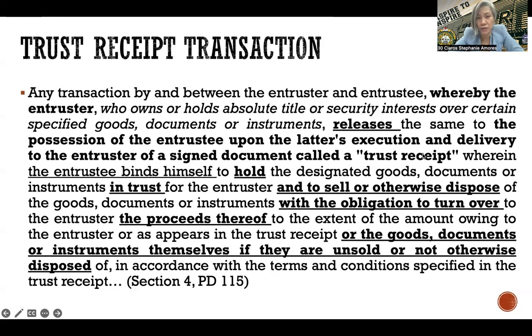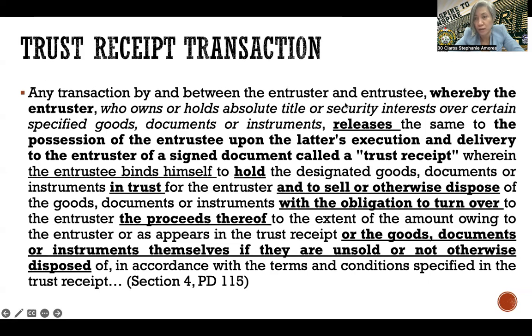The second clause is that you have to mention in your definition the obligation of the entrustee, which is to bind himself to hold the designated goods, documents, or instruments in trust for the entruster, and to sell or otherwise dispose of the goods, documents, or instruments with the obligation to turn over to the entruster the proceeds thereof.